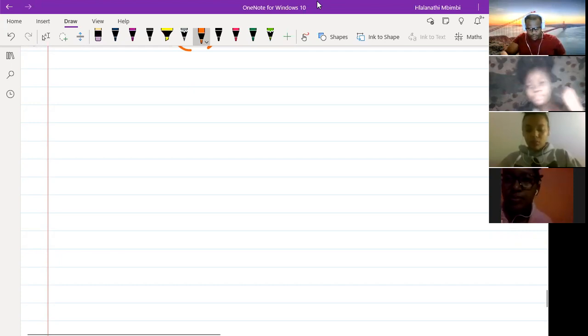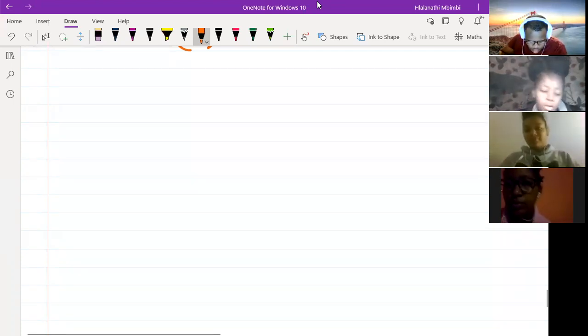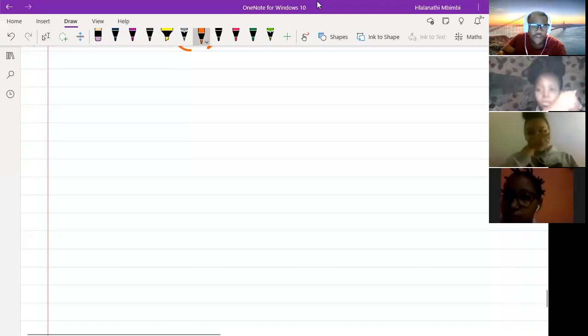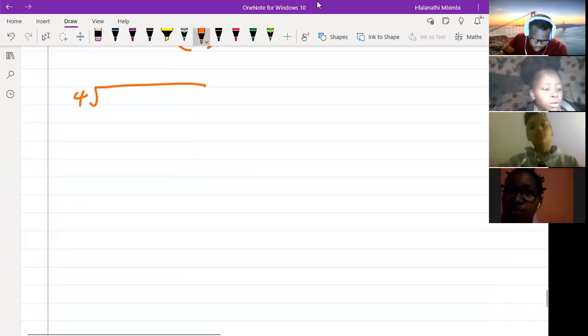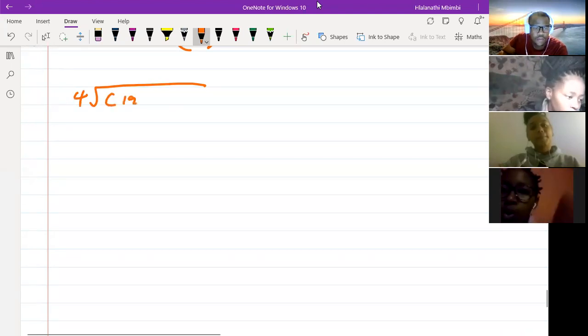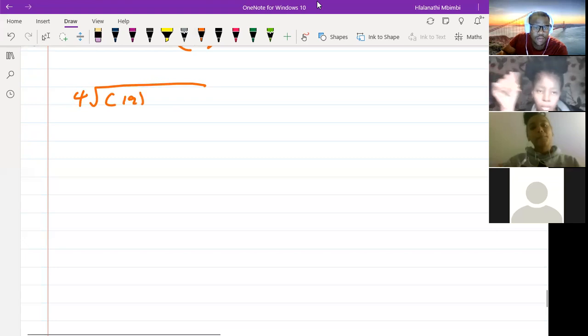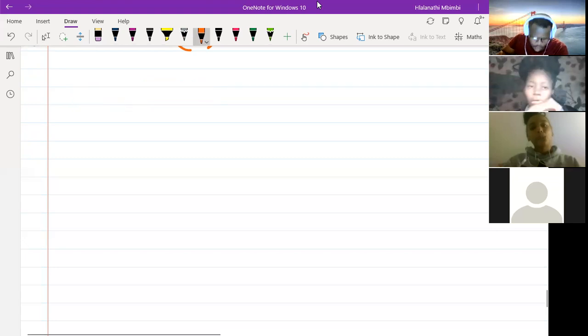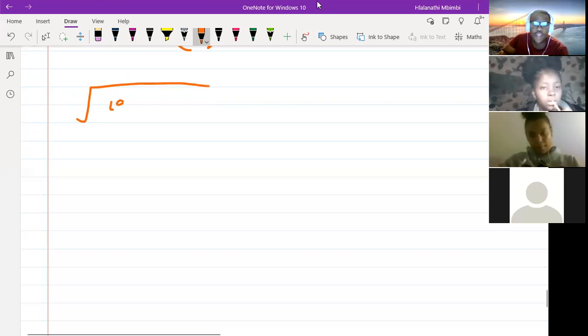This one. There are 4 in front there. The 4 is for the root. Oh, it's the 4th root. Oh, okay. The way you wrote it, those things, it's very important.